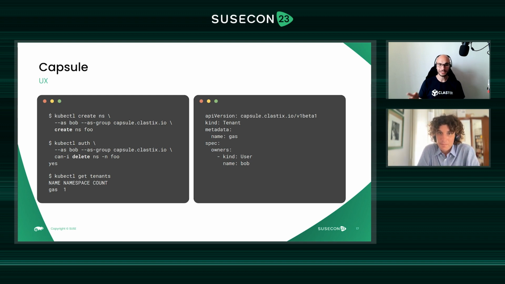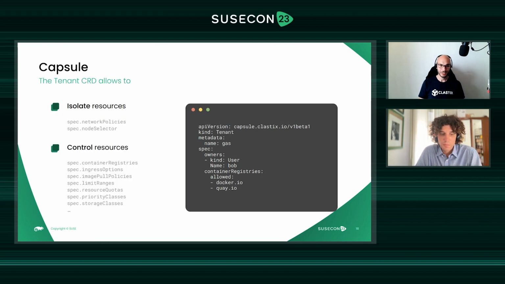I will always use kubectl, and with kubectl I can create a namespace, and that namespace, since I'm Bob and I'm part of the Capsule CLASTIX IO group, my namespace will be bound to the tenant. So as you can see here, I'm Bob, I'm part of this tenant, and my namespace will be attached to this tenant.